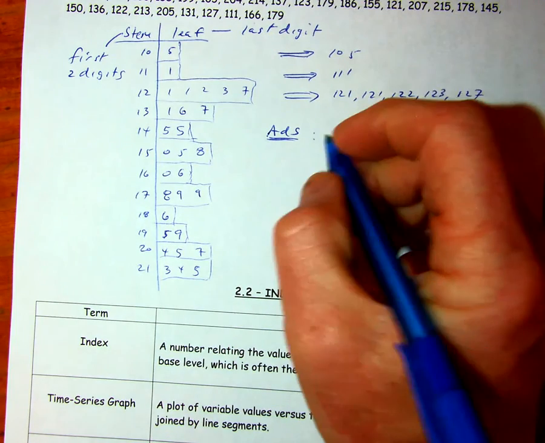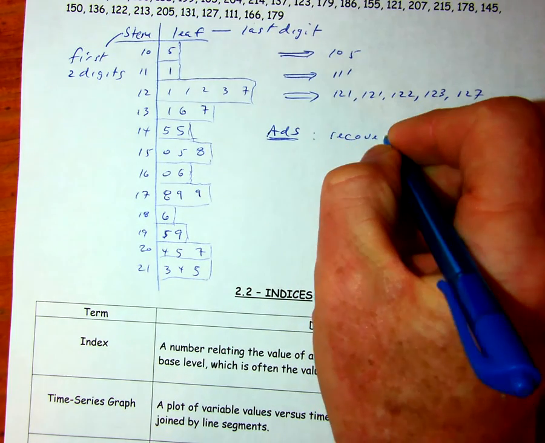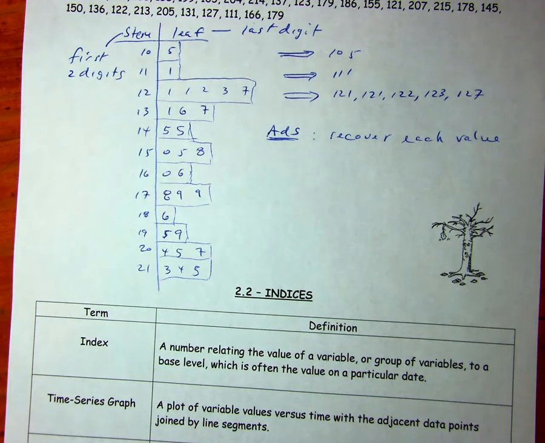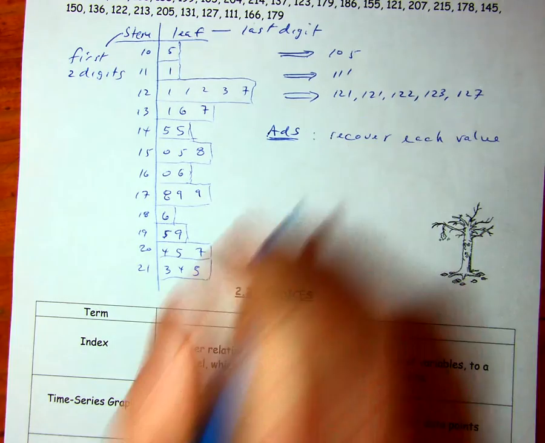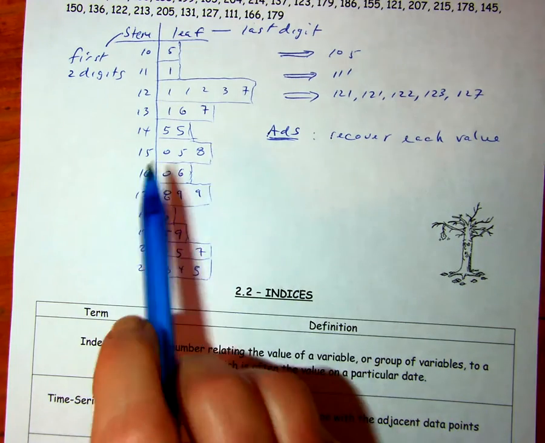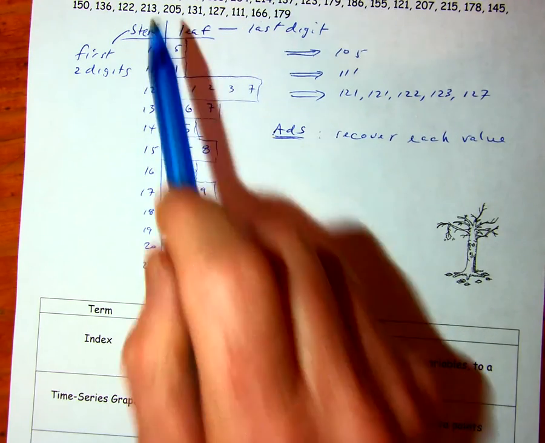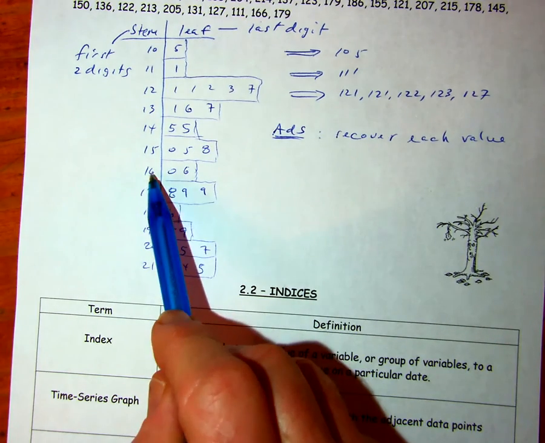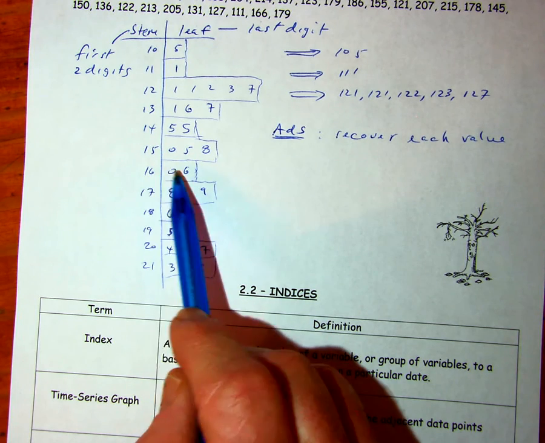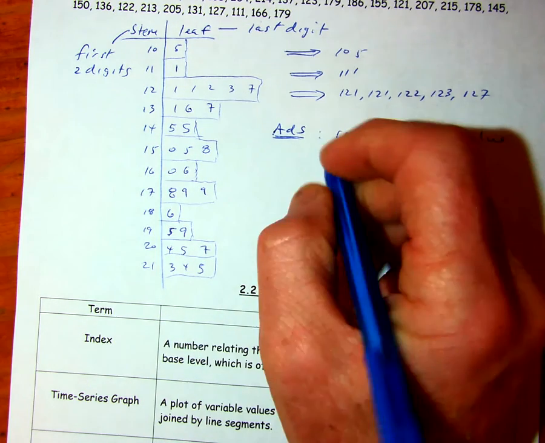So you can recover each value easily. And the second one is there's no confusion, right? The value of 160, we know it's going to be in this bin, not in that bin, because this is only the 150s, this is only the 160s, so there's no confusion.